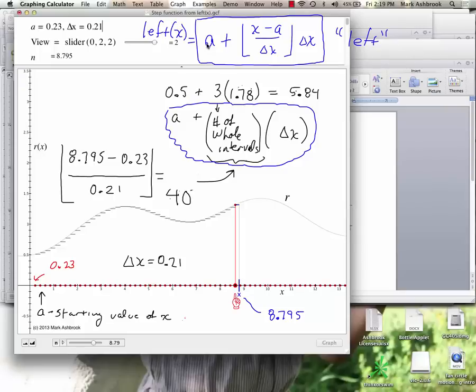You need to understand that formula, not just use it. So you need to know how we built it, what all the pieces mean. The graphing calculator doesn't know any function named left. You have to define it the way you define any function. It knows floor, but it does not know this function.